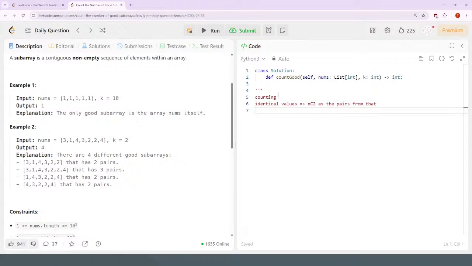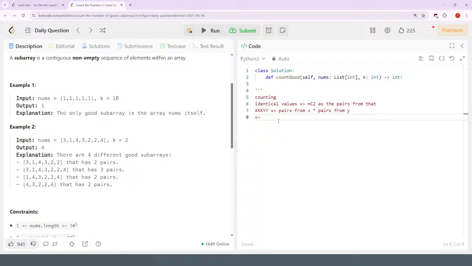But now you want to do it with possibly other values. So let's say you had x, x, x, y, y. So that'd be pairs from x times pairs from y.